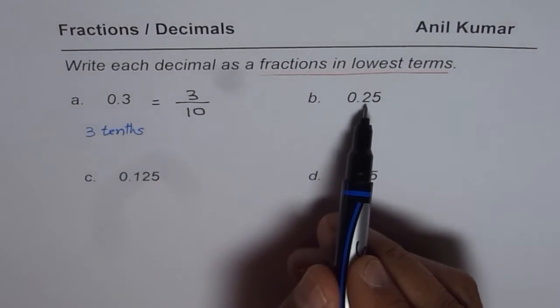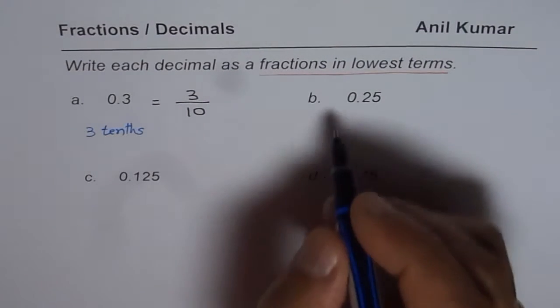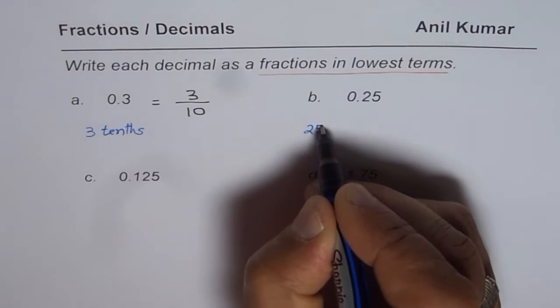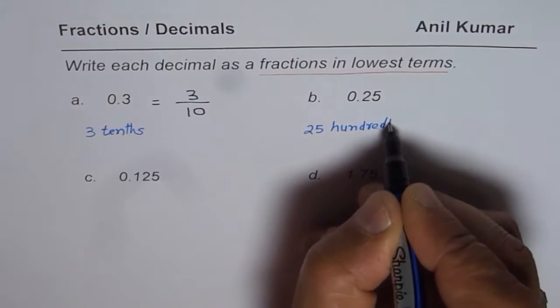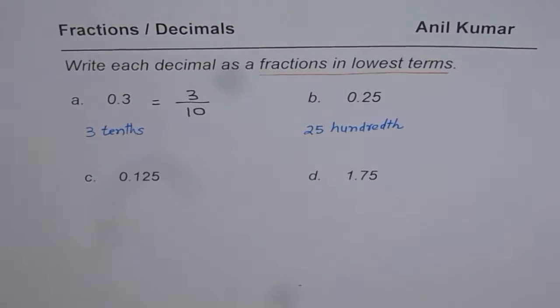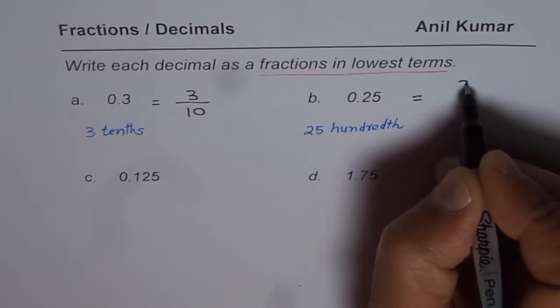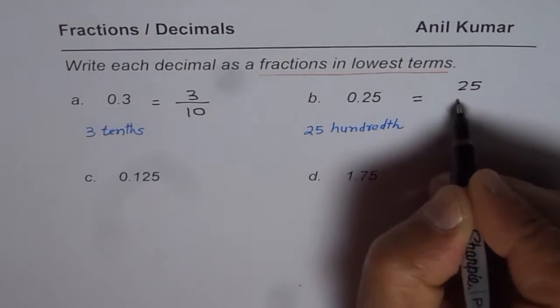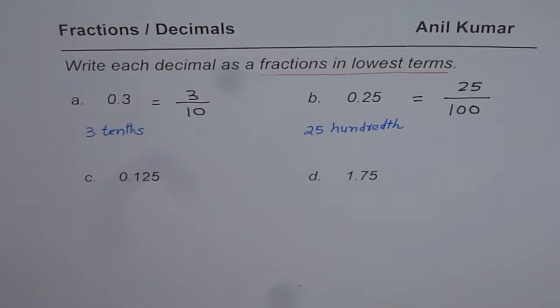Let's see 0.25. How are you going to read this number? This number is 25 hundredths. Correct? And therefore, we can write 0.25 as 25 hundredths, means out of 100. That is how we should be writing it.